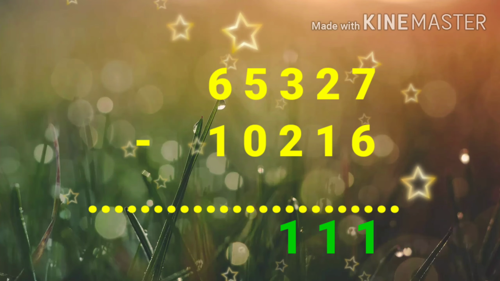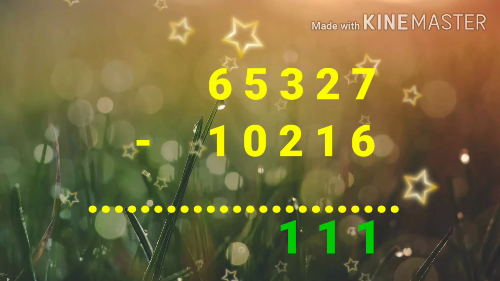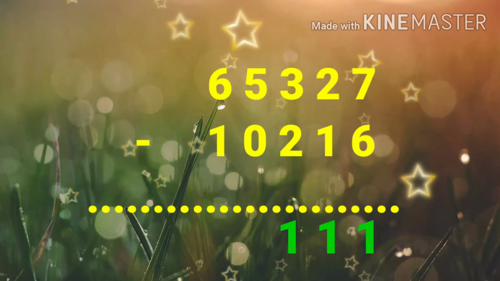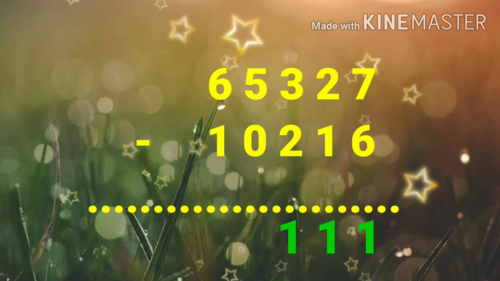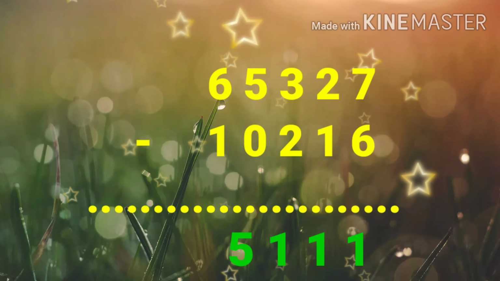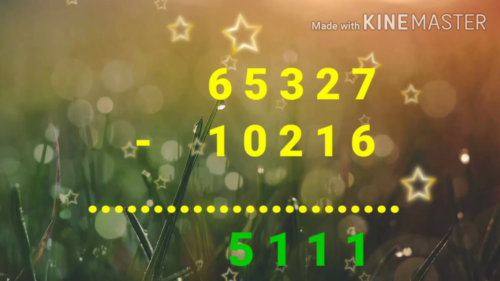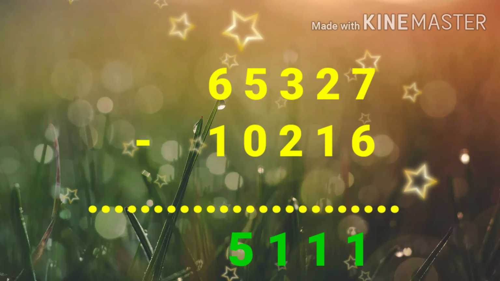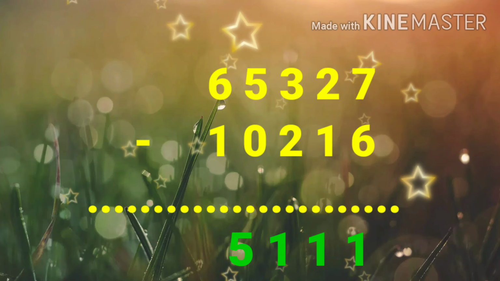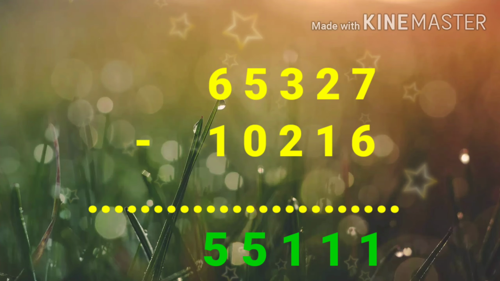That is 1. Now thousands place, 5 and 0, this is also match. So what should be added to 0 to get 5? That is 5. Now in 10,000 place we have 6 and 1, this is match. So what should be added to 1 to get 6? That is 5. So the answer is 55,111.